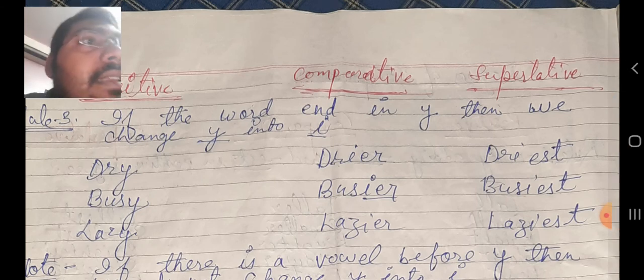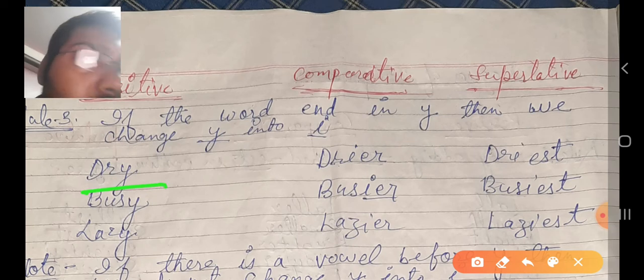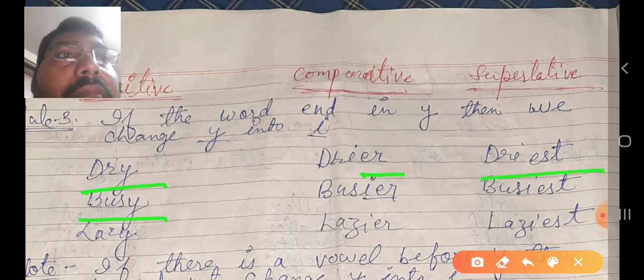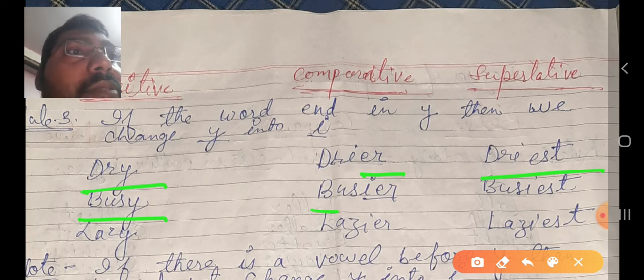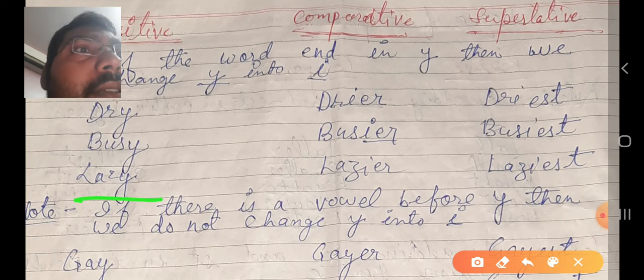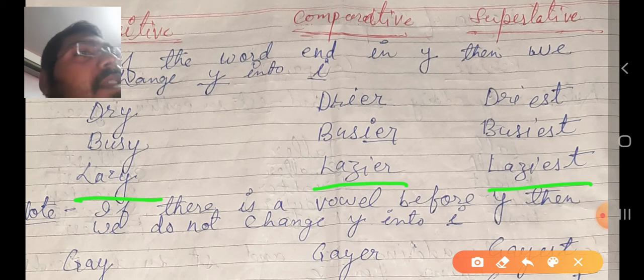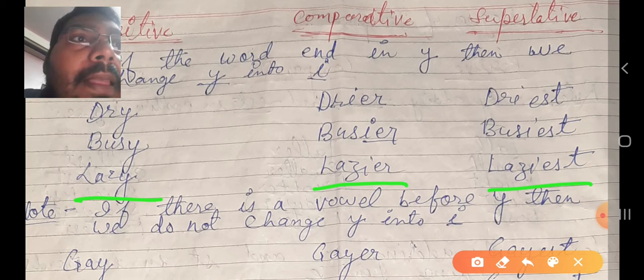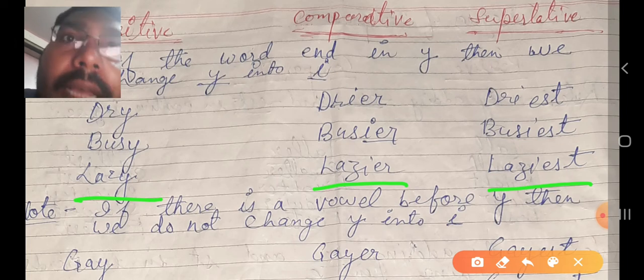Like if there is a word dry, Y at the end, we change this Y into I, dri, and then add ER: drier and driest. Like busy, busier and busiest. And lazy, lazier, laziest. In this way, if there is a Y at the end, we change this Y into I and add IER and IEST.